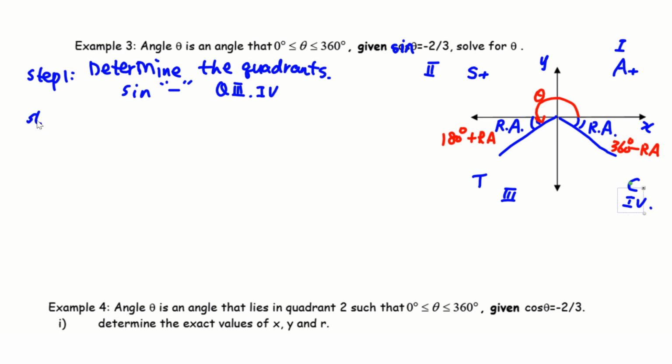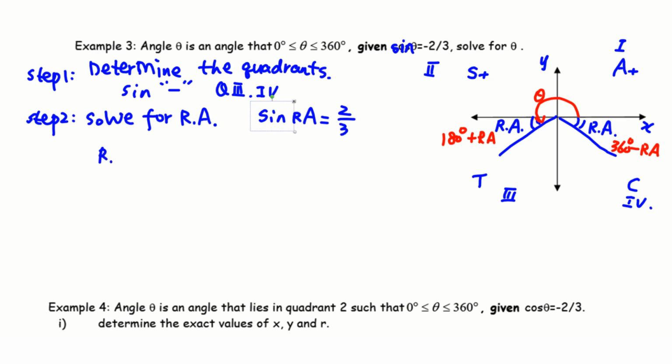The second task is to determine the RA, solve for RA. We know that RA is an acute angle, so it's less than 90 degrees. The sine ratio, cosine ratio, tangent ratio for RA are always positive, so we ignore the negative sign.